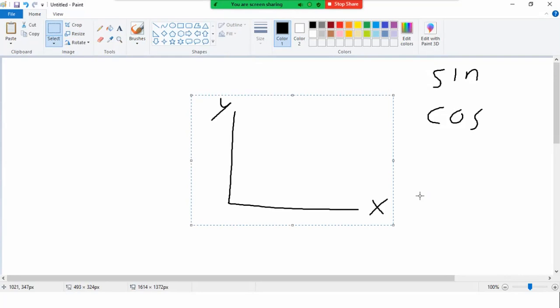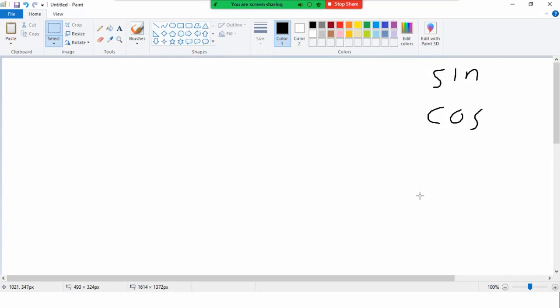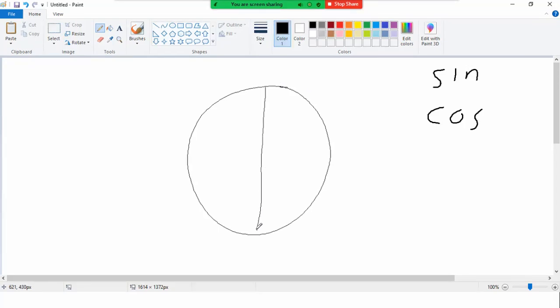Actually, let me just do this. So let's say we have the unit circle. Yeah, I'll call that a circle. We have this right here, where this is the X. And of course we have the Y in the vertical.